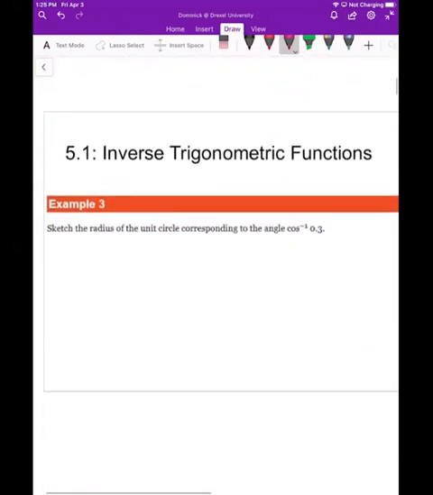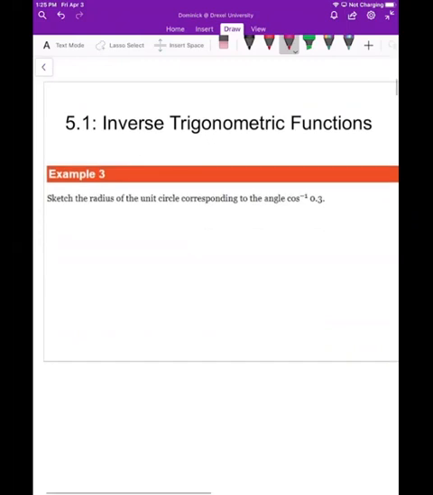Okay. Now let's look at the next idea. So now we want to be able to find where is the radius in the unit circle that corresponds to an angle of the inverse cosine of 0.3. Well, this is some angle, and this means that I want to find the angle whose cosine is 0.3.